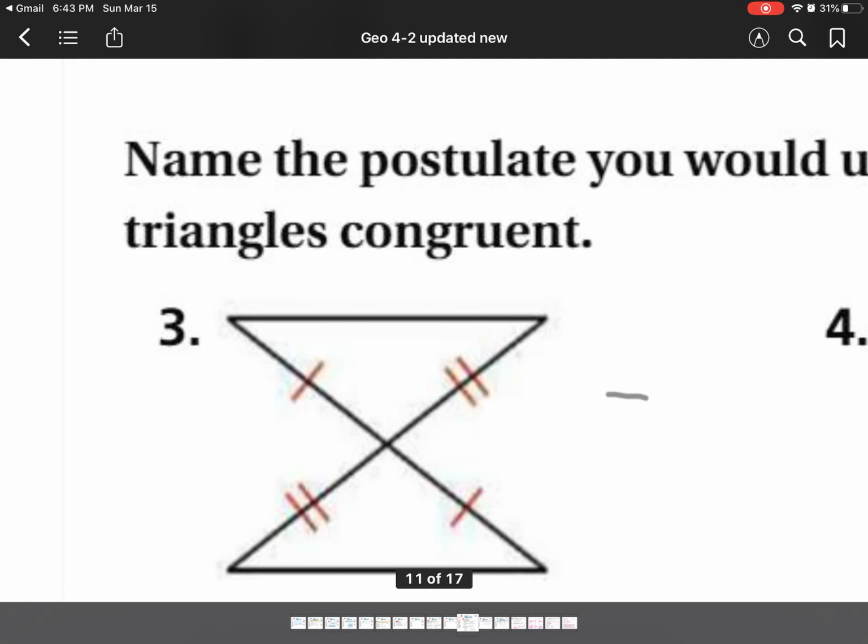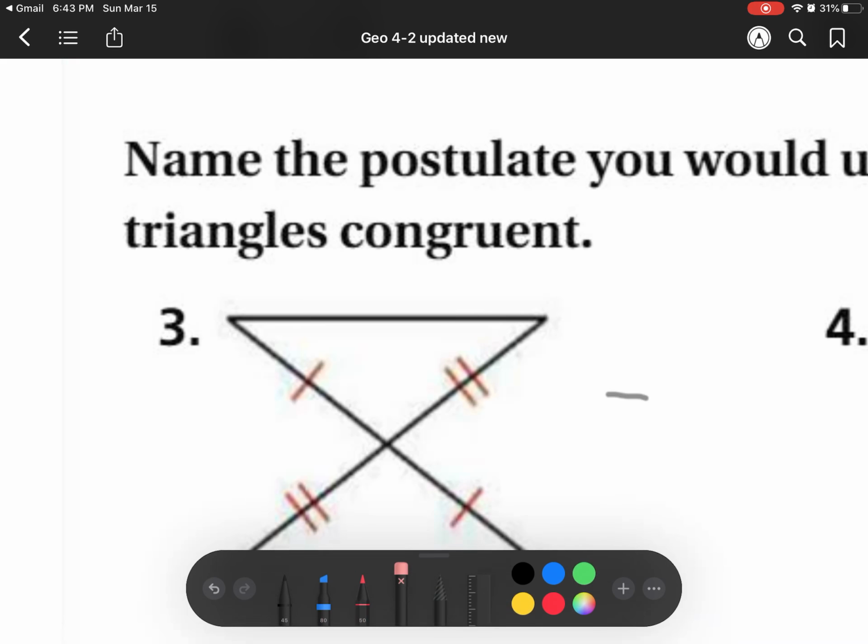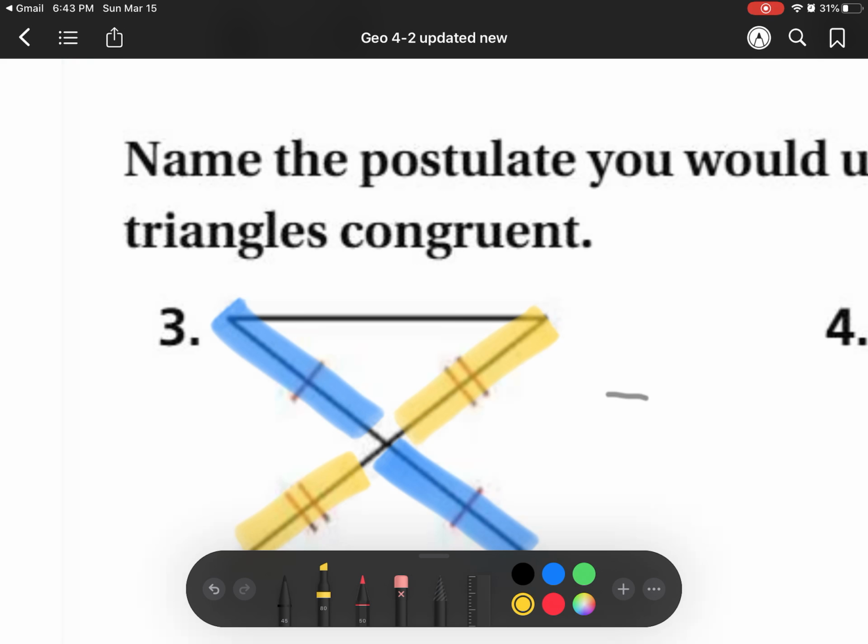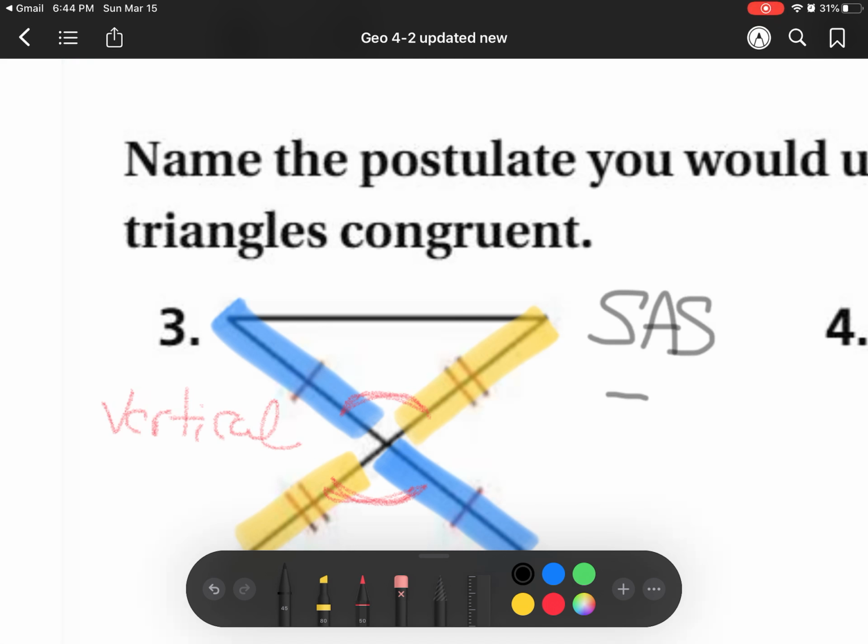If I have this here, the first side congruent to the side, the second side congruent to the side. He didn't give me the third side, but I can tell that there is an angle here congruent because it is vertical, right? So which theorem or postulate will we use? SAS.